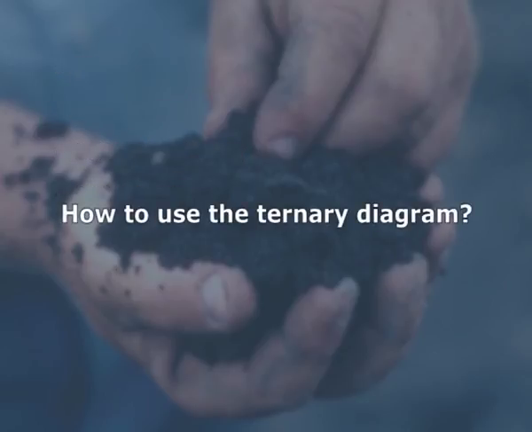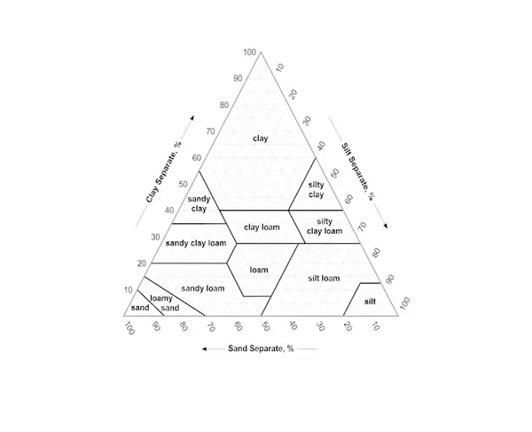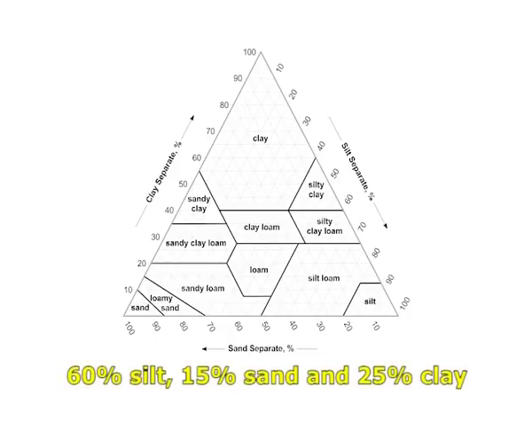How to use the ternary diagram? Assume that the given soil sample has only 3 components. Estimate the percentage of clay, silt, and sand in the soil. The 3 percentage values must add to 100%. Let us take an example that the given sample has 60% silt, 15% sand, and 25% clay.